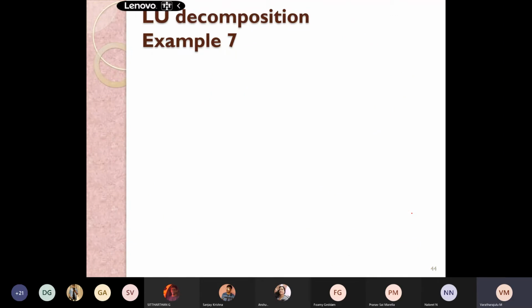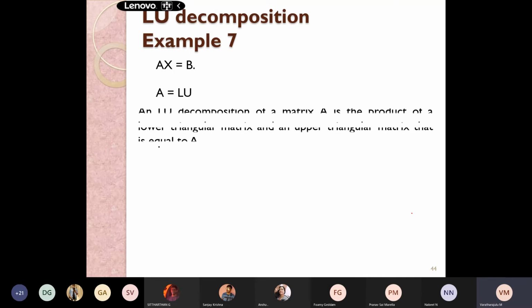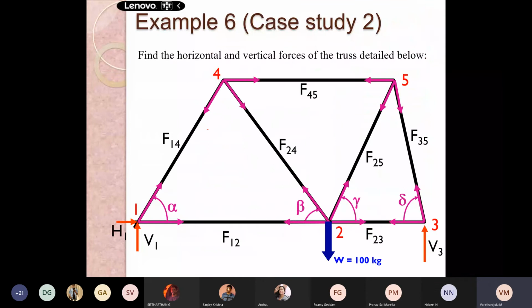This is the subsequent content, that is LU decomposition. Example 7. Let AX is equal to B. Let A is equal to L into U, that is lower triangular matrix and upper triangular matrix. Any idea? I think I didn't receive any key to resolve this equation from your side.